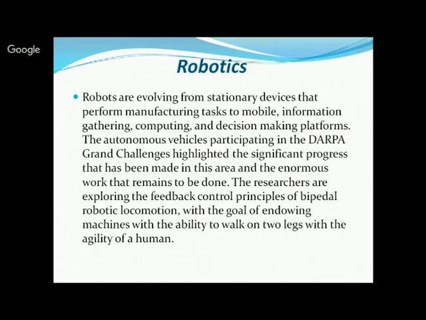They are working on what is known as bipedal robotic locomotion. Bipedal robotic locomotion means the robot can walk on two legs with the agility of a human, just as in a simple way we walk as human beings, in a very fluid way. So the robot will also work with the same agility as a human being.